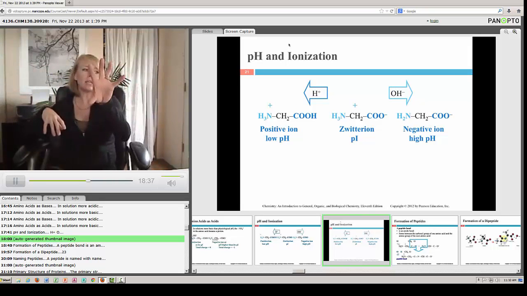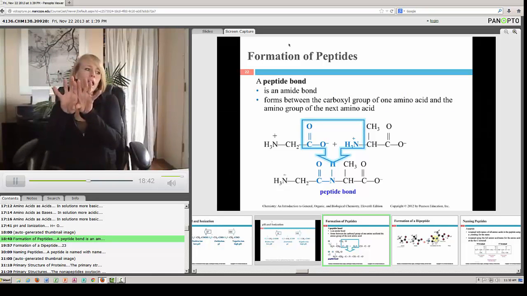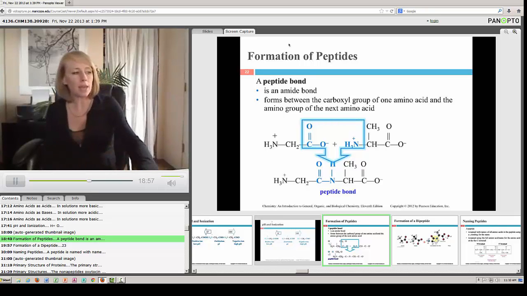So when we take the individual units of amino acids, they'll come together and form what we call a peptide bond by dehydrating a water off of the amine and carboxylic acid portion of the molecule. So it'll come together and produce a peptide bond.